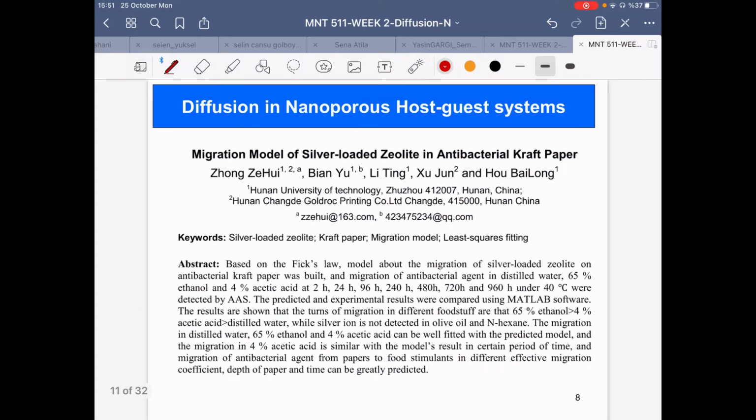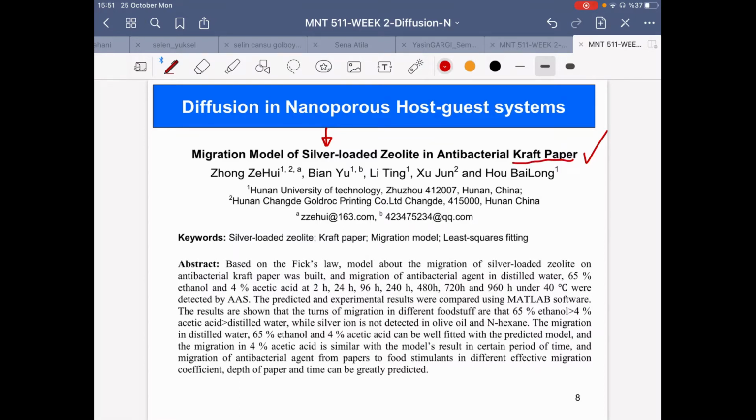Another example was given by these people who wrote this paper on a migration model of silver-loaded zeolite in antibacterial kraft paper, which is a big deal, as I already talked to you about in my first class, because you load silver into some porous matrix, but then you have to consider its release where it's used.